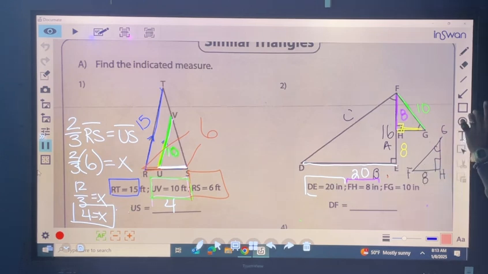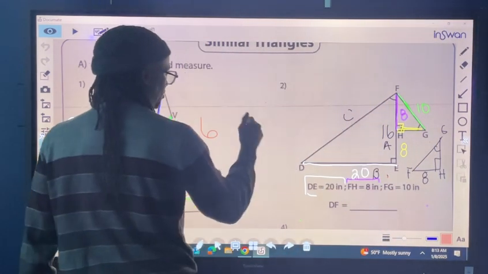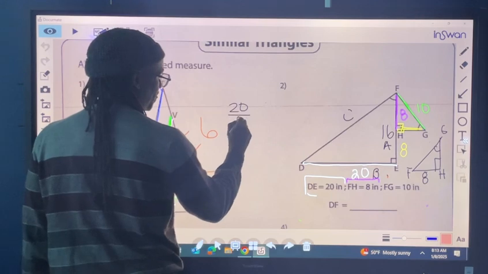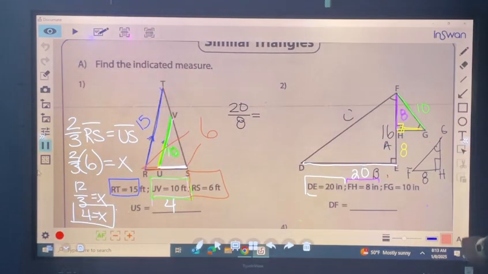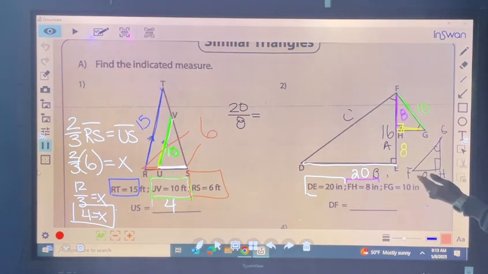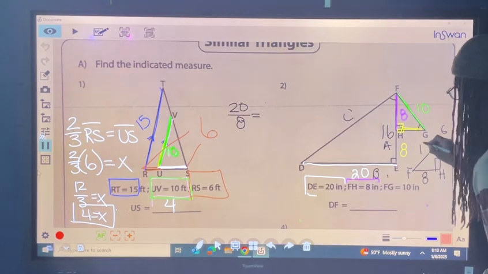So, who's lost? And they gave you the value of GH? Did they give us GH? Or they gave us FH? It's 8, they gave us 28 over here. So he's taking this proportion of 20 over 8, and he's going to set it to the same thing that we should have here on the other side. What did they give us? FG was 10, right?